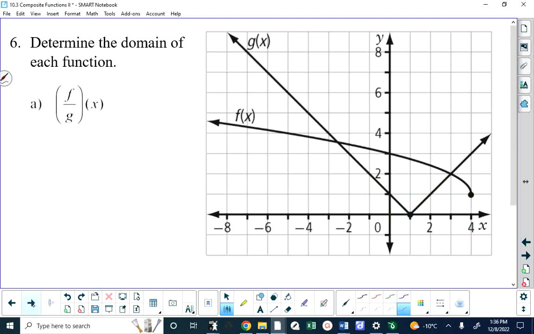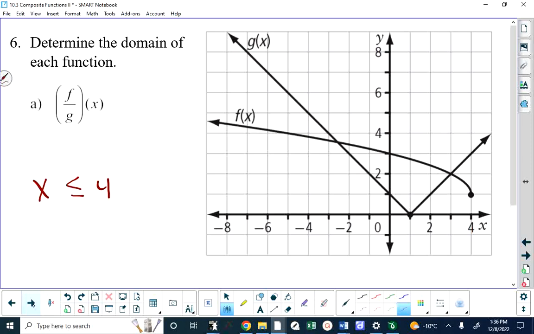All right. What is the domain of the quotient of these functions? Well, they have a common domain of x is less than or equal to 4. Is that the proper domain for f of x over g of x? What do we need to include here in our statement, Kendra?